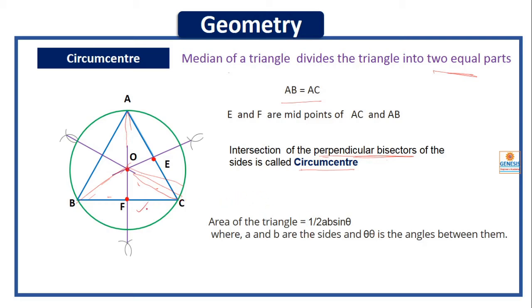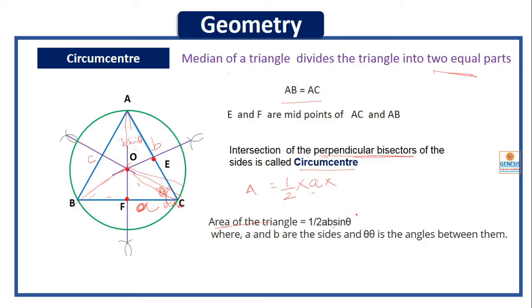Suppose the length of BC is a, the length of AC is b, and the length of AB is c. What is the area of the triangle? The area of the triangle is equal to half base, that is BC, into height, which is b sin theta. If the angle is theta, then FC turns out to be b cos theta, and AF turns out to be b sin theta.